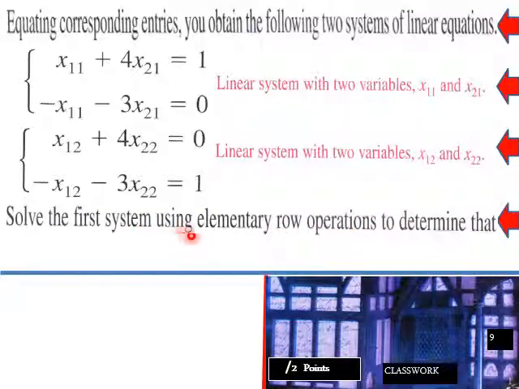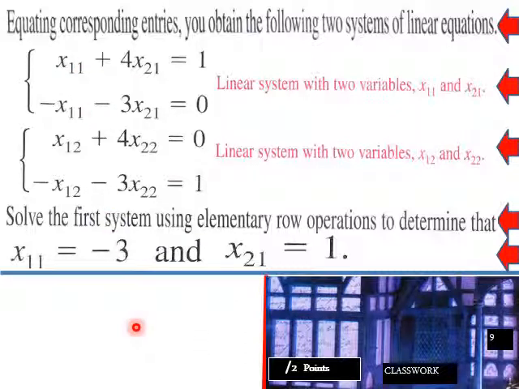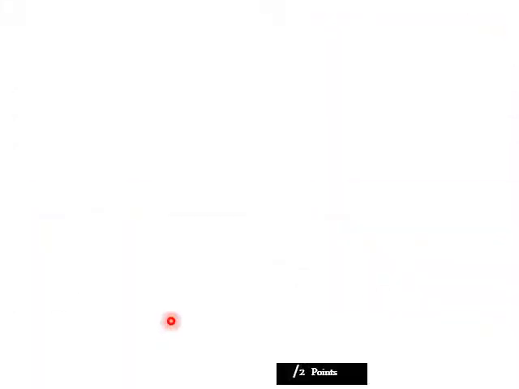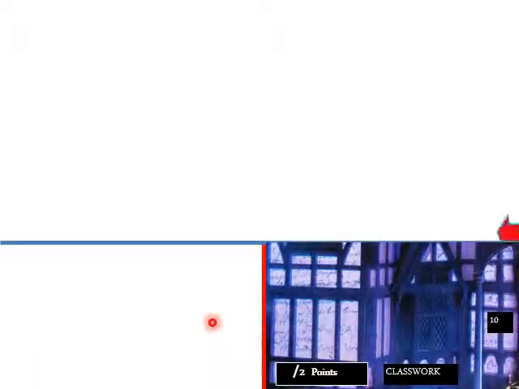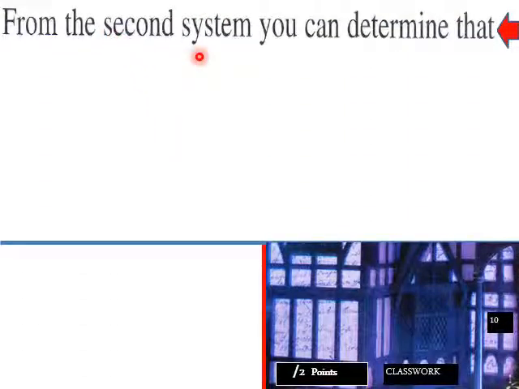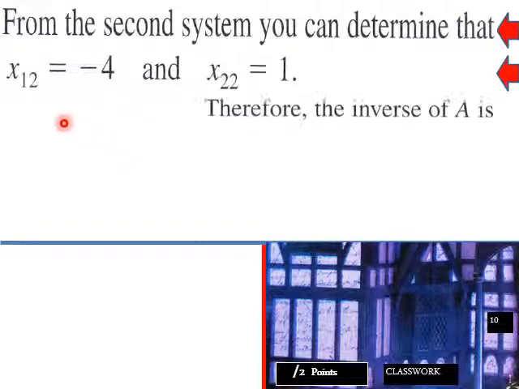For the first system, using elementary row operations, you determine that x11 equals -3 and x21 equals 1. So how do we do that? From the second system, you can determine that x12 equals -4 and x22 equals 1.